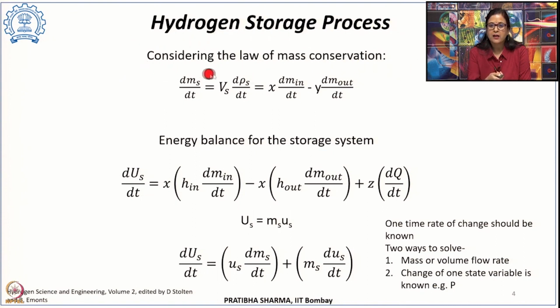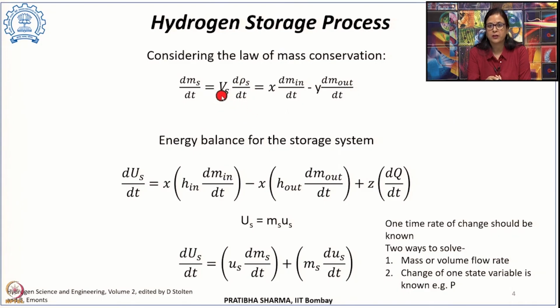we can write down the law of conservation of mass as dms upon dt, where ms is the mass of hydrogen being stored in the storage system. So this provides us the mass rate of flow inside the storage system, and that is equal to Vs d rho s by dt.